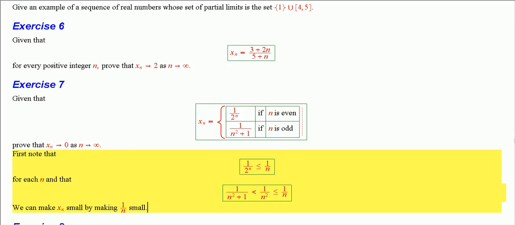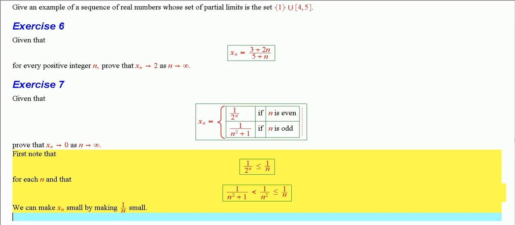I'm changing color. Now I'm going to start the problem. I want to prove that this sequence has limit 0. Suppose that U is a neighborhood of 0, or suppose that epsilon is greater than 0. Which are we going to take? Epsilon. Suppose that epsilon is greater than 0.